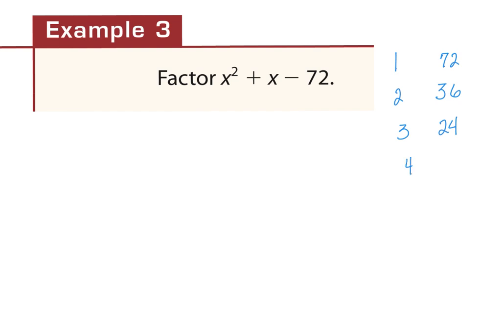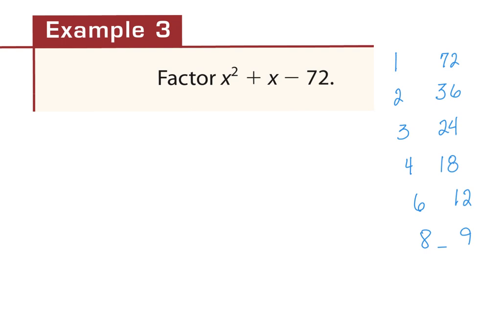It does. 18, right? What about 5? Does 5 go into 72? No, it does not. What about 6? Yes, 12. What about 7? No. What about 8? Yeah, 8 and 9. And once you get this, the next one's going to be 9 and 8, and you're just going to go down from there. These are all the pairs that multiply to give you 72. Okay? So you only have to do 9.